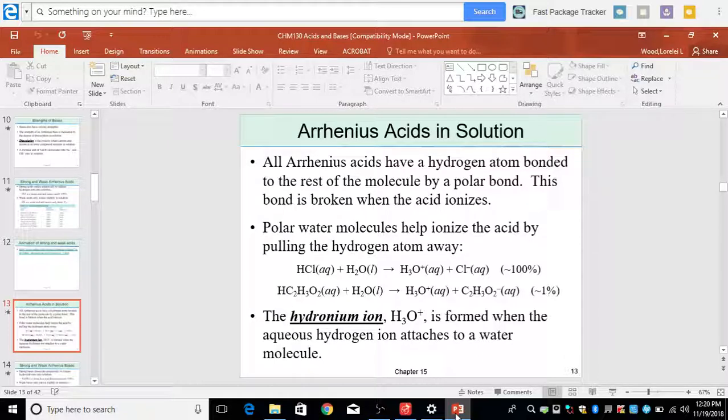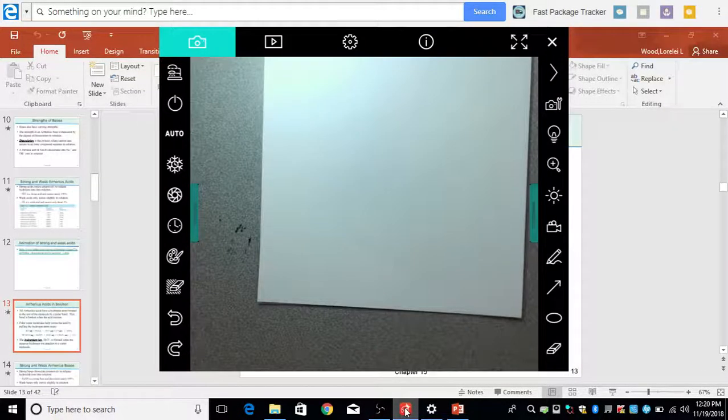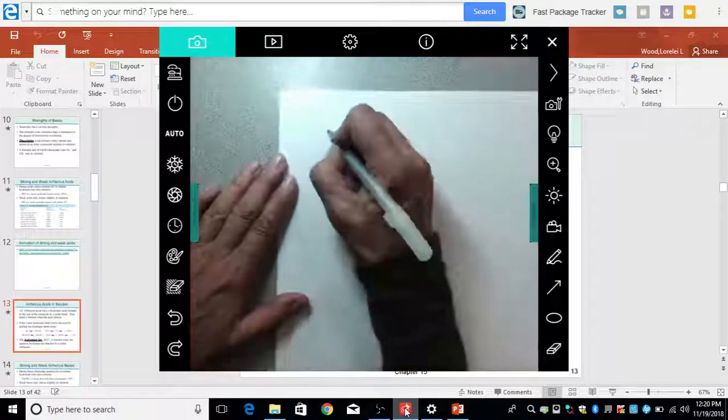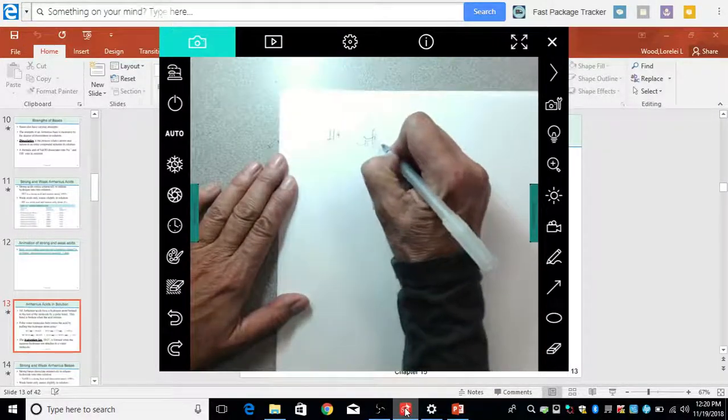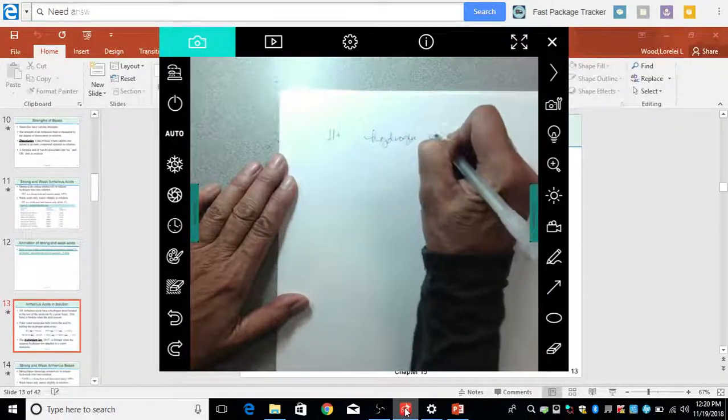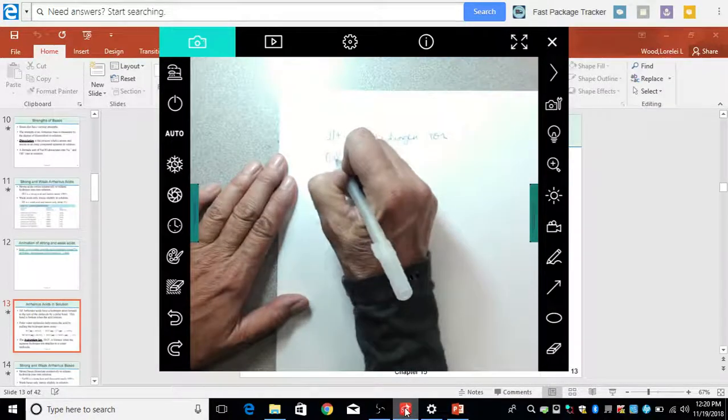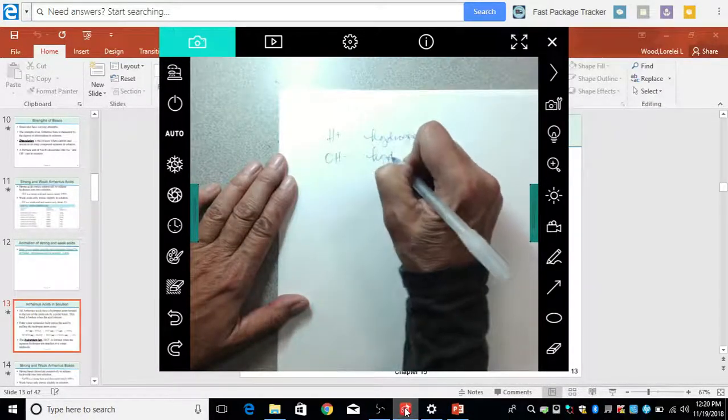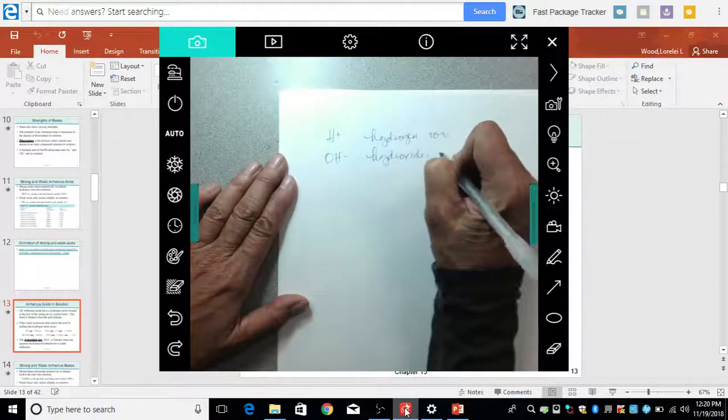Strong acid, weak acid. Oh, there's another vocabulary term. Now we've got something else to pay attention to because they're going to be asking you what these things are, and you've got to know the term. So we have hydrogen ions, right? This thing is called a hydrogen ion. This thing is a hydroxide ion.